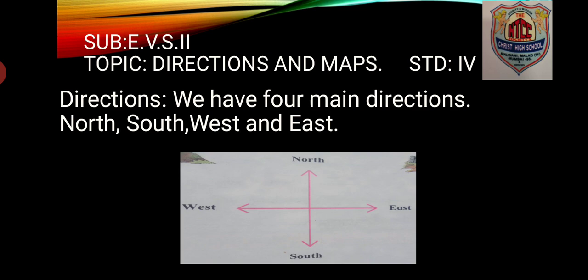Opposite to the east will be the west. While standing facing the east, the right hand side will be the south and the left hand side will be the north. These things we have already studied in standard 3rd.